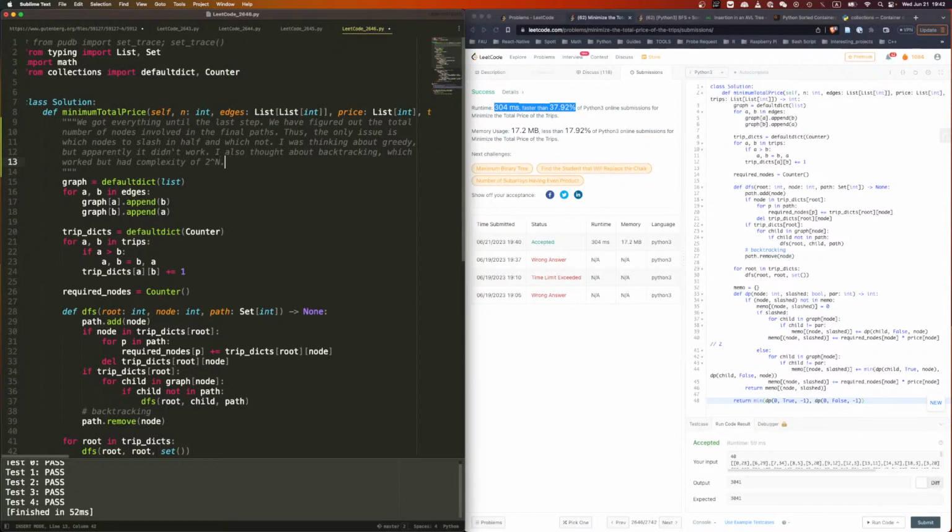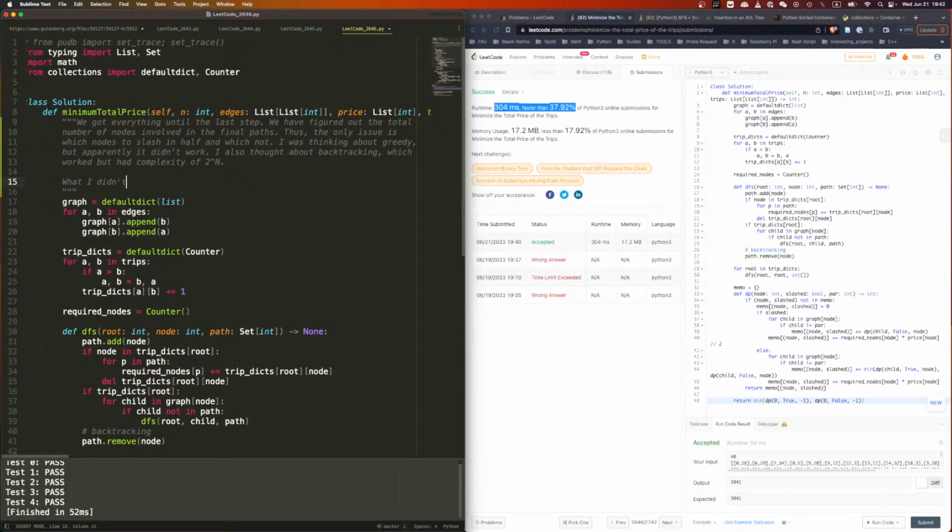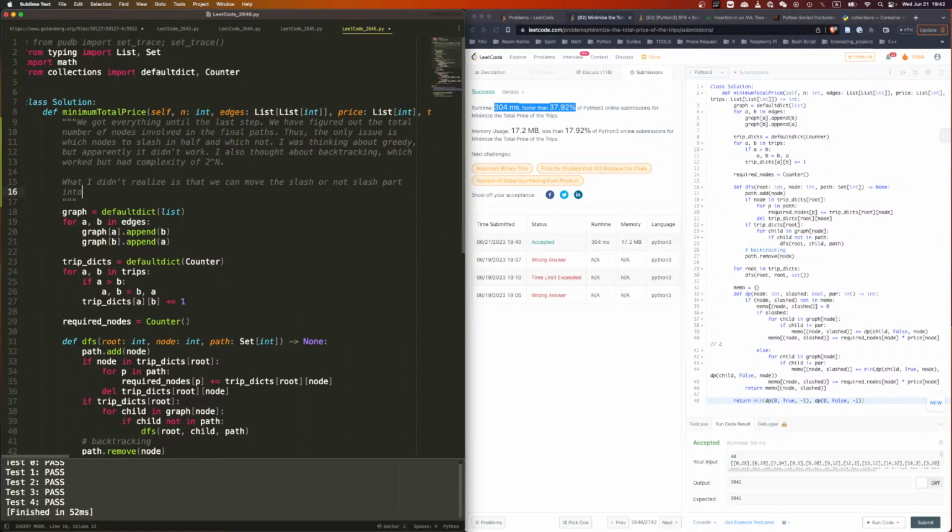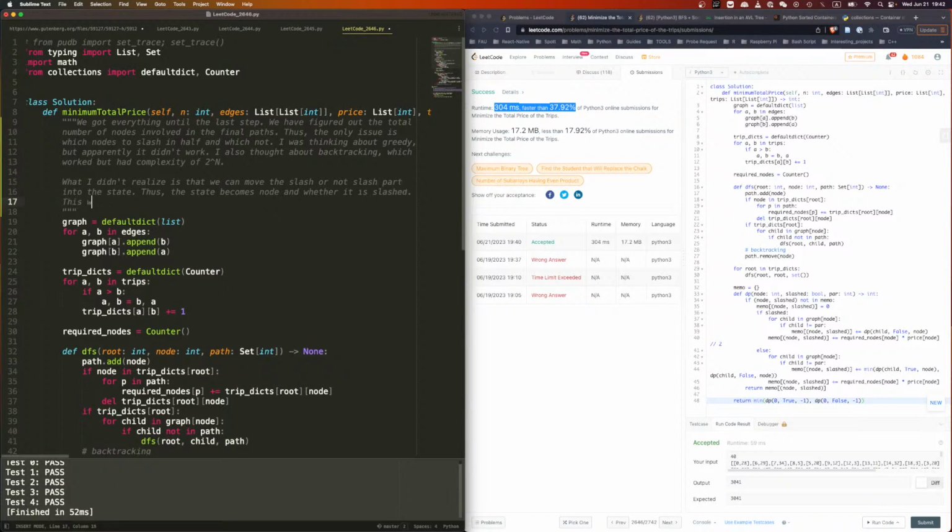What I didn't realize is that we can move the slash or not slash part into the state. Thus, the state becomes node and whether it is slashed.